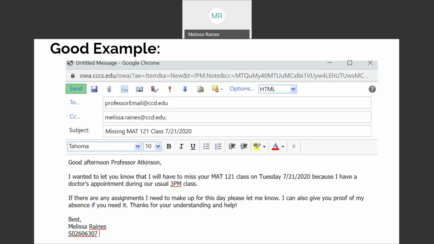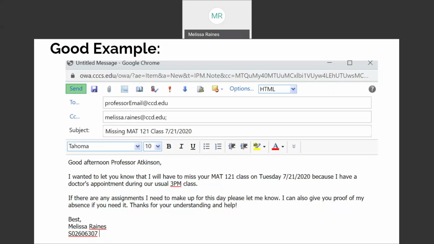So good things about this email is that it was specific. It is proactive, because you're letting them know that you're going to miss the class and it's not after the fact. You're asking if they need documentation to prove that it's an excused absence. Remember, sometimes unexcused absences can take points away from your grade, and even excused absences, depending on the rules of your class.